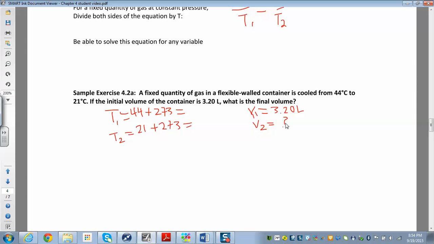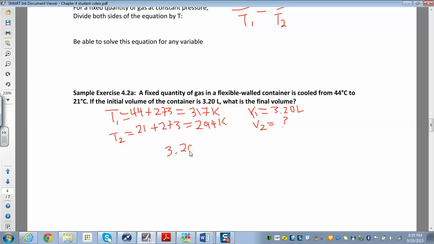So we add up these temperatures. 273 plus 44, that's 317 Kelvin. And 273 plus 21 is 294 Kelvin. And so now we're just going to plug it into that equation. V over T equals V over T. So just make sure you put the right volume with the right temperature.